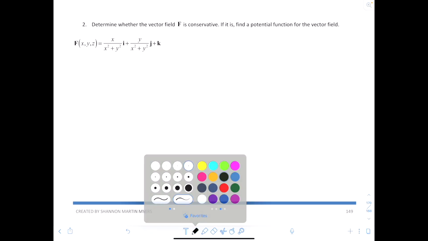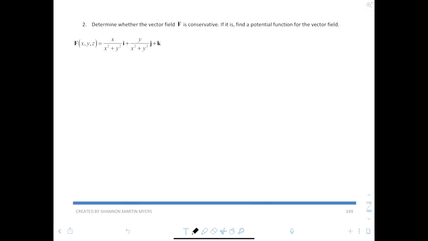Let's go ahead and identify what we've got going on over here. M is the coefficient to the i, and so M is equal to x over x squared plus y squared.